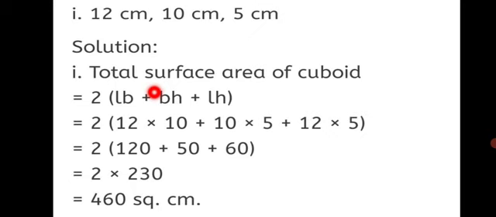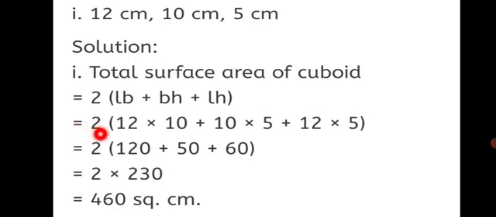So the solution, total surface area of cuboid formula we will write first is equal to twice length into breadth plus breadth into height plus length into height. Before beginning this, you can write length is equal to 12, breadth is equal to 10, height is equal to 5 centimeter if you want, or you can directly start with the formula.